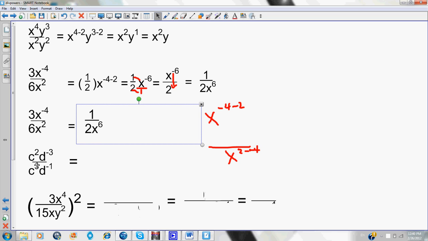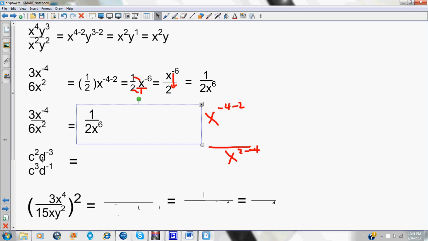Alright, now let's try this one. Where is the larger exponent? For the c's, the ones with the base of c, the larger exponent is the 3 here. For the d's, the larger exponent, right, negative 1 is larger than negative 3, because with negative numbers, the closer it is to 0, the larger the number is. So that means that in both cases, the larger exponent is on the bottom.